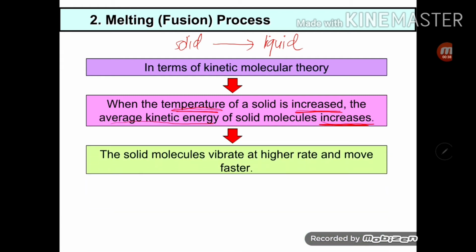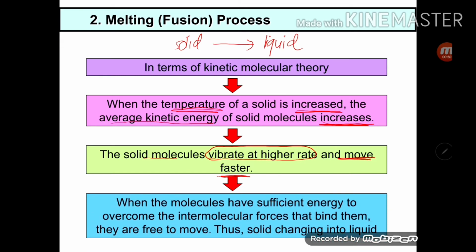So, the solid molecules vibrate at a higher rate and move faster. When the molecules have sufficient energy to overcome the intermolecular force that binds them, they are free to move, thus the solid changes into a liquid.